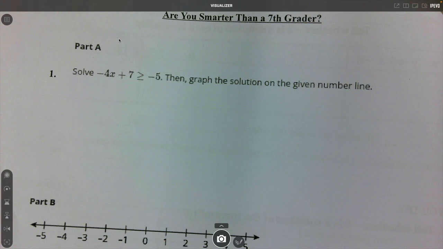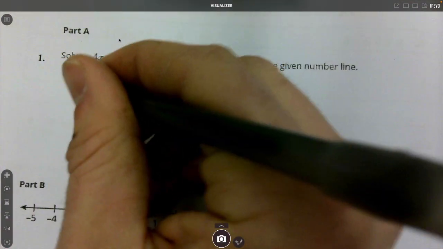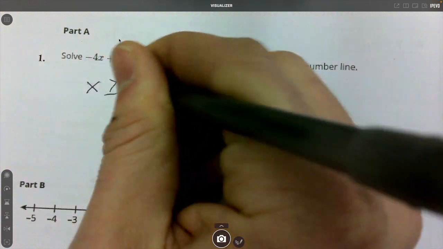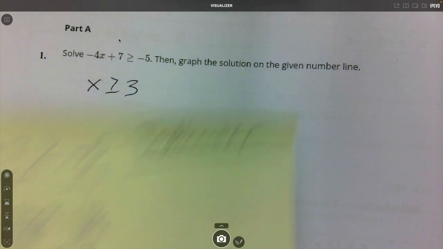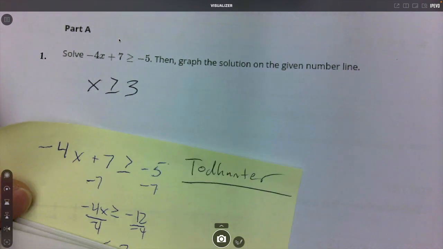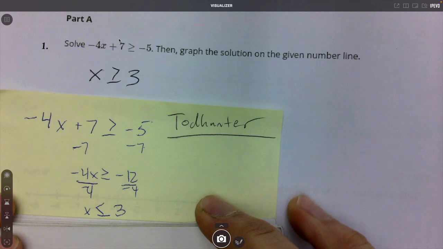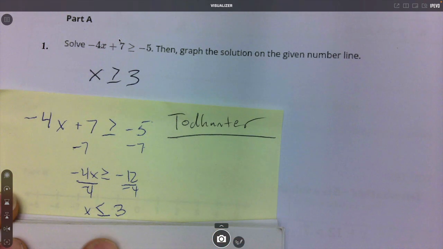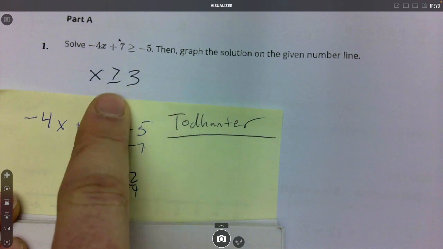Okay, and let's check the first step with the adult, who said less than or equal to 3. Let's check what they did, and we'll check in with our team.